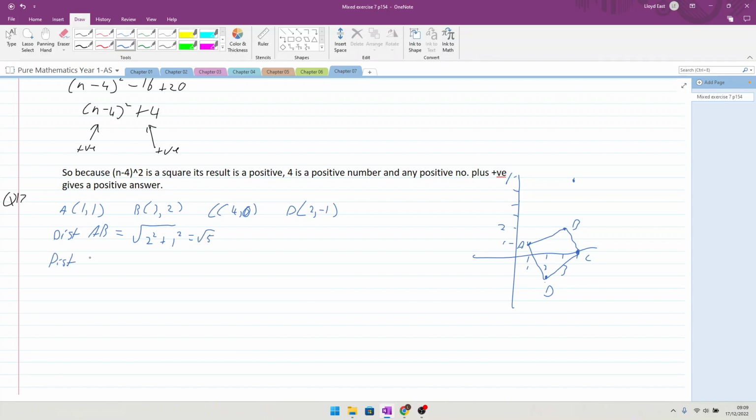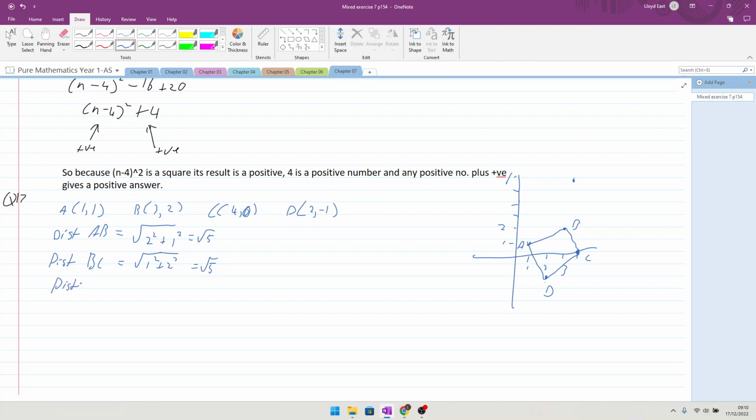The distance of BC is 1 squared plus 2 squared, and already you can see that's root 5.